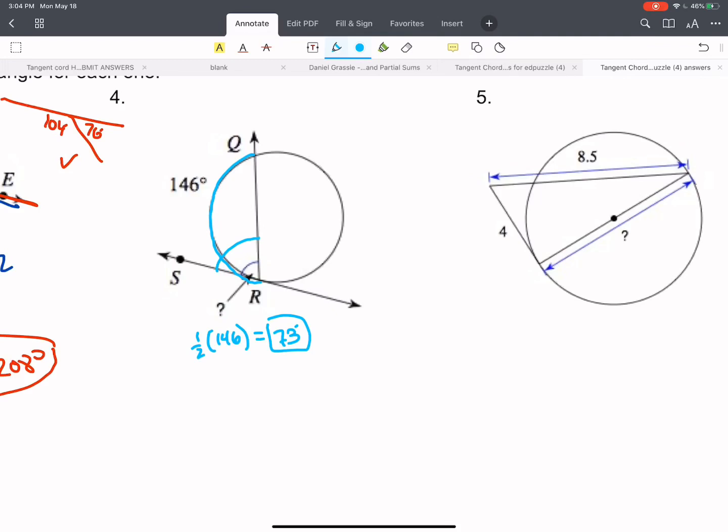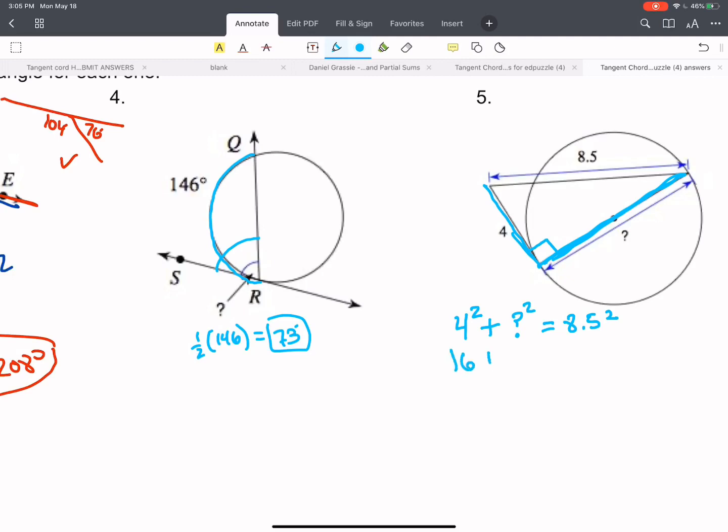Ooh, the next one's not like the half one. This is the one where they want you to know this makes a right angle, because this is where the radius is meeting up with the tangent. So this is 4. The two legs are what we don't know, the diameter there. So it's 4 squared plus this long piece, this question mark squared, is equal to 8.5 squared.